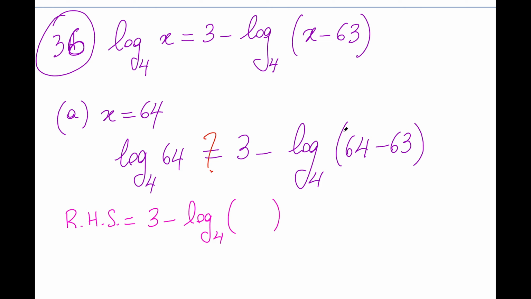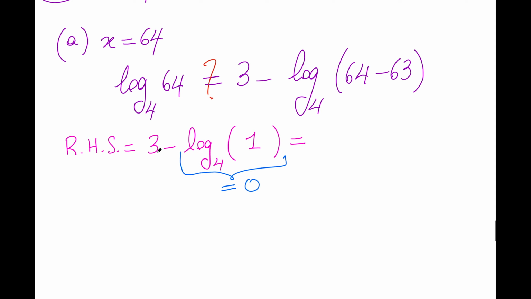And what's 64 minus 63? It's 1, correct? And what's log base a of 1, whatever a is, as long as a is positive and different than 1? This is 0. It's one of the properties we've learned in an earlier section. So log base a of 1 is 0.